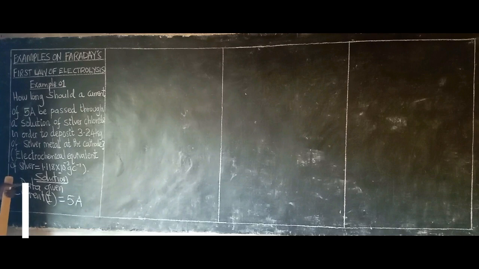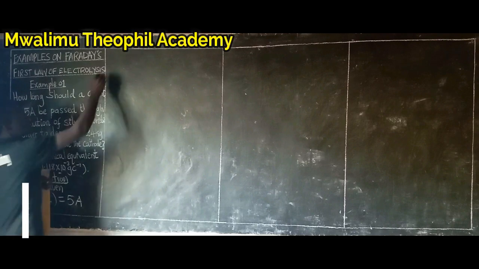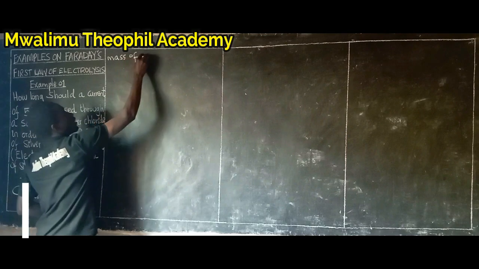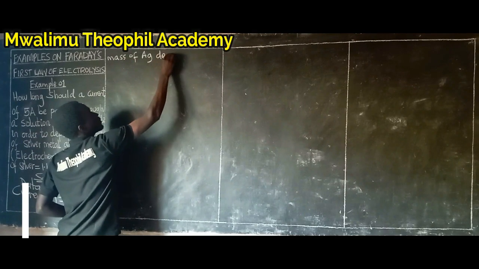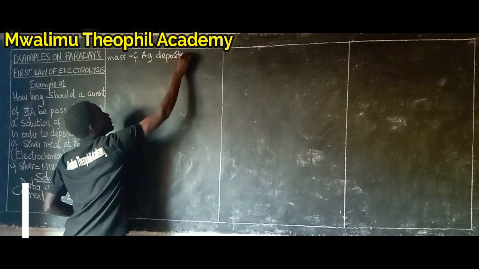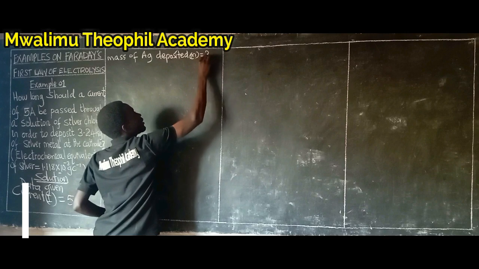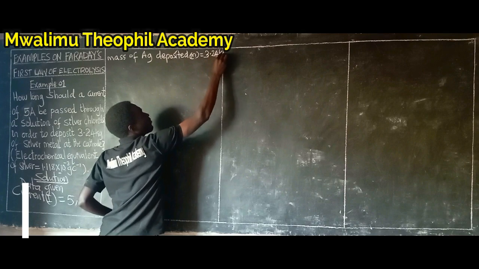Also, apart from current, we are given the mass of silver deposited, M, which is equal to 3.24 kilogram.